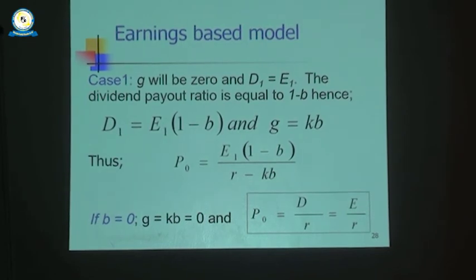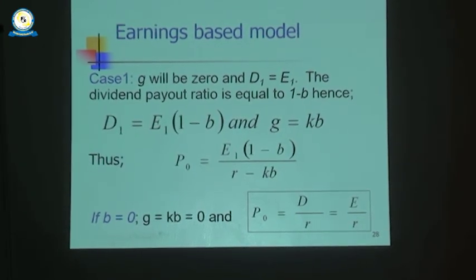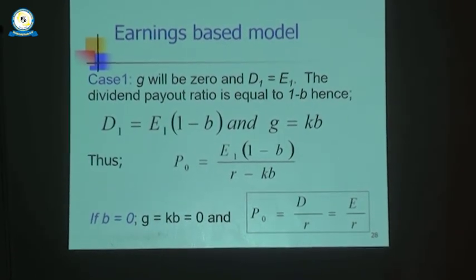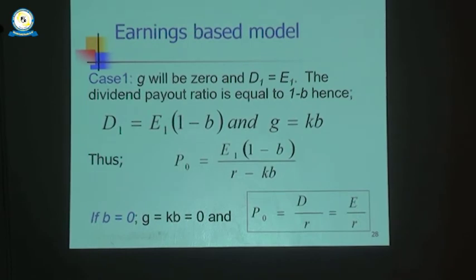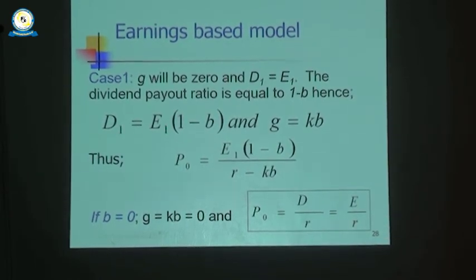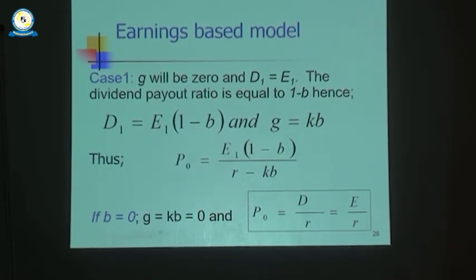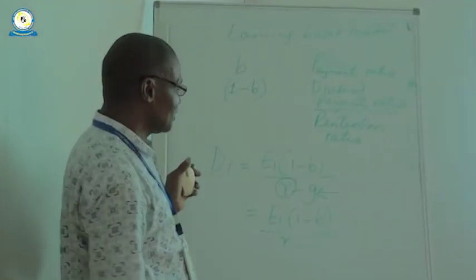Now, when using this earnings-based model, our formula says that D1 is equal to E1 times 1 minus B, and we also have E1 times 1 minus B over R minus G. In this case, we have E1 times 1 minus B, but sometimes you will be given R. R remains constant, but sometimes this growth rate changes to KB.